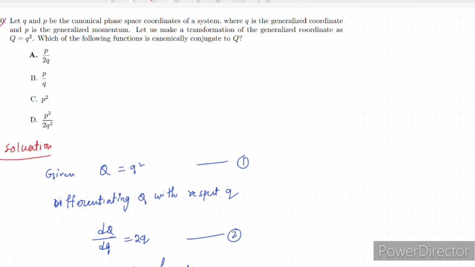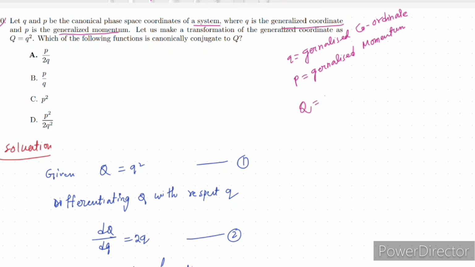Question number 10. Let Q and P be the canonical phase space coordinates of the system, where Q is the generalized coordinate and P is the generalized momentum. Let us make a transformation of the generalized coordinate.